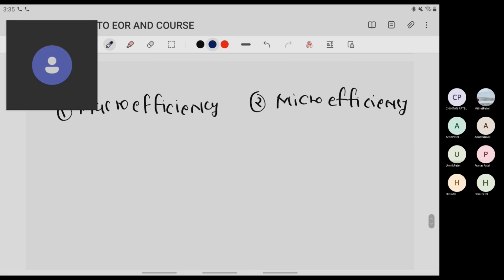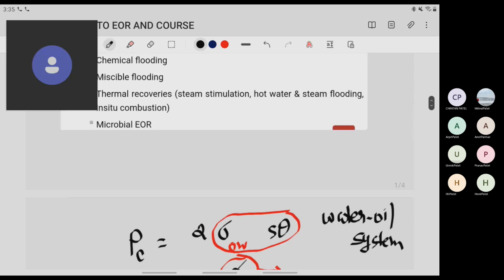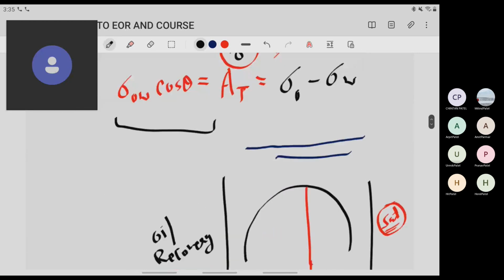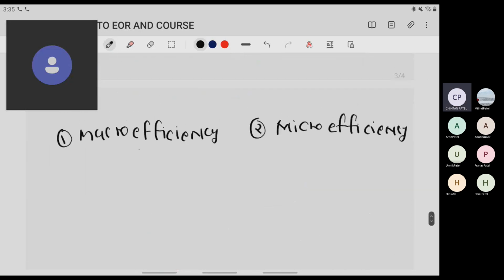So let's suppose a very basic example to understand these two terminologies. And we know overall efficiency first. Displacement is a common term. Okay. So macroscopic and microscopic.